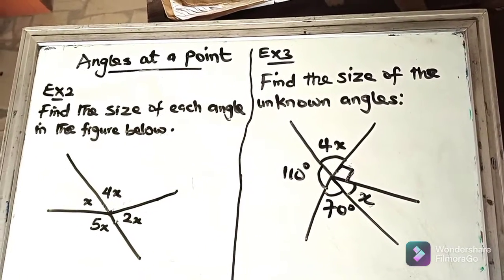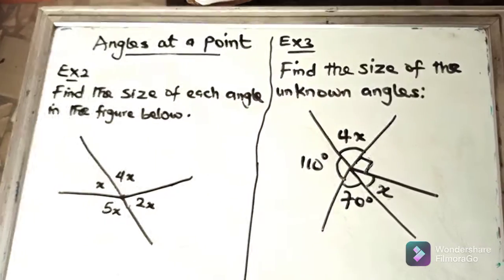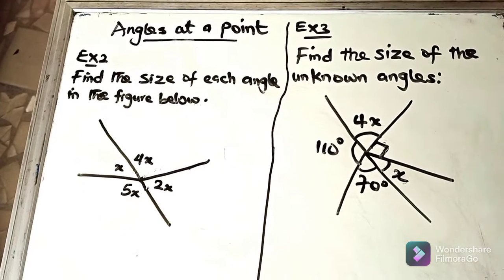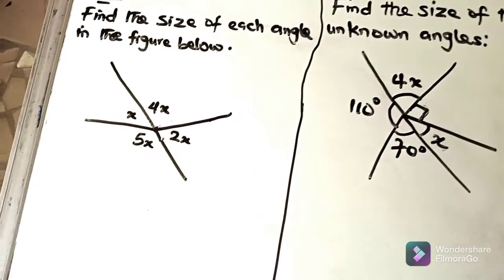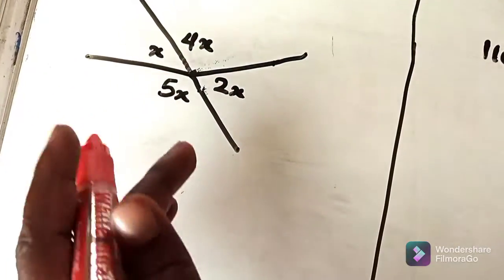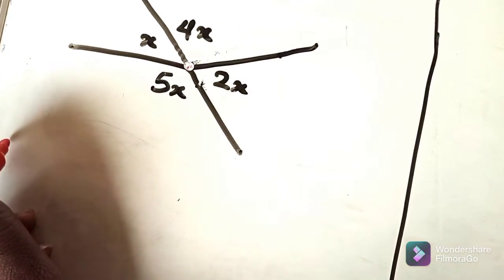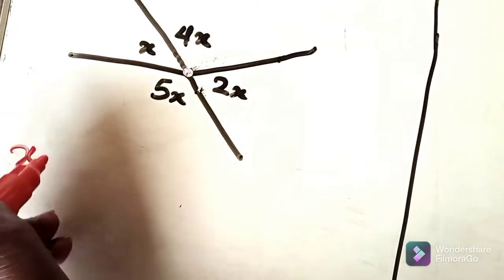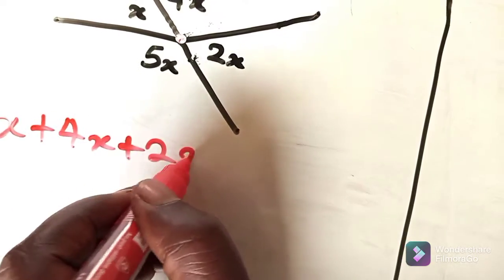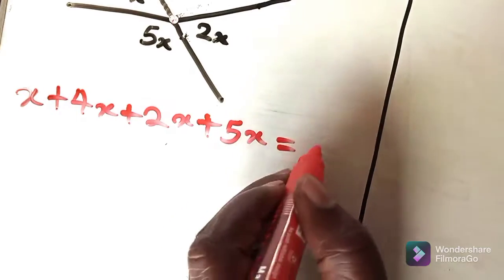We're going to look at other examples under angles at a point. Now, if you look at example 2, they say we should find the size of each angle in the figure below. And as you can see the figure, we have 4 angles here, and the 4 angles they meet at this point. So that means their sum will be 360. Then we have x plus 4x plus 2x plus 5x equal to 360.